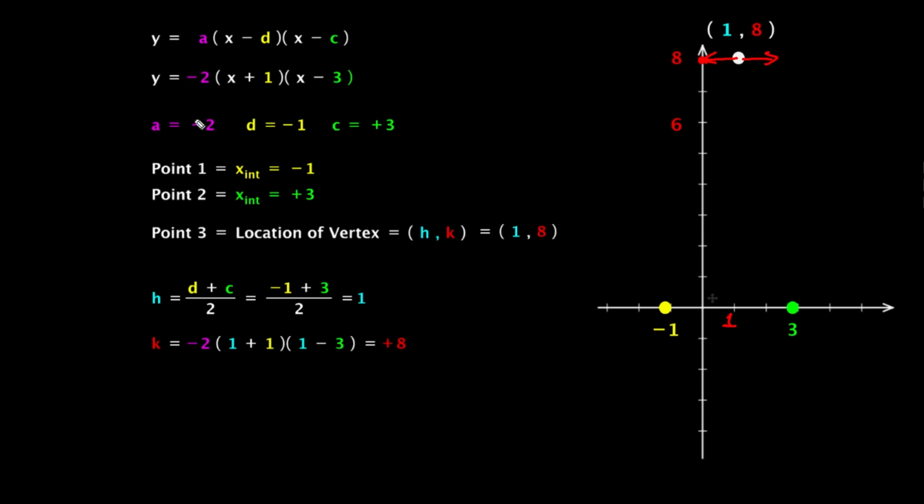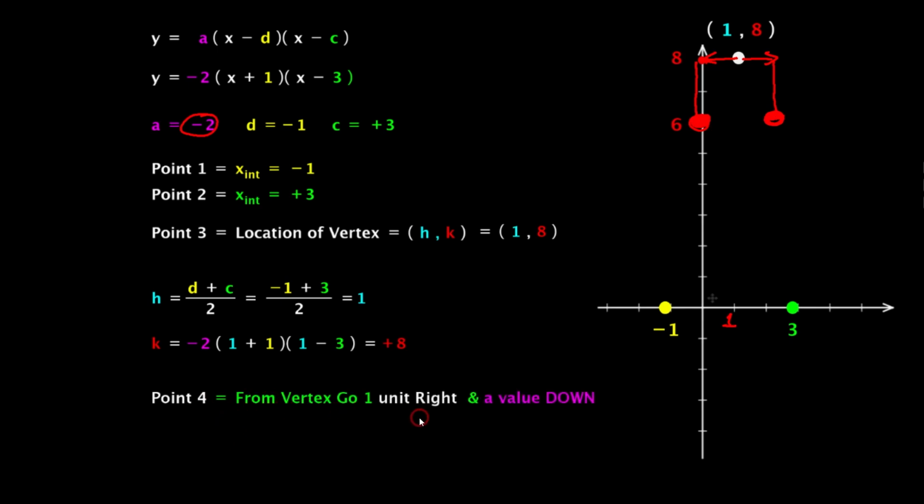And the law says it should be the a value down because it's -2. So when we go a value down on the left side, we get another point. We use the symmetry. One left, a value down, one right, a value down, which is 2 down because a is -2.